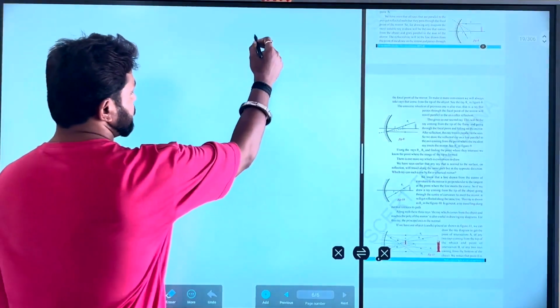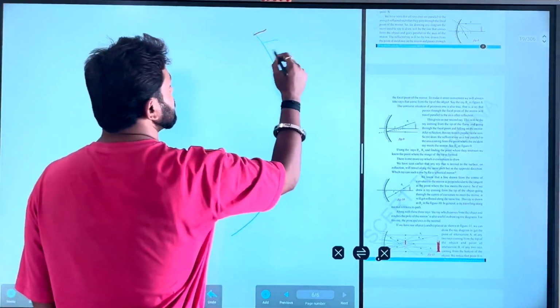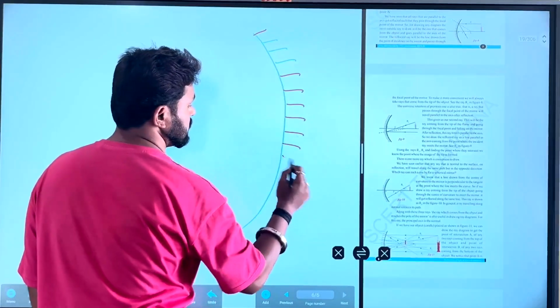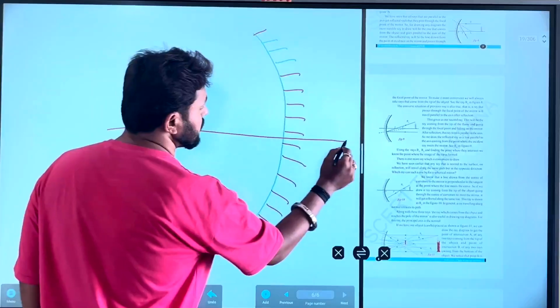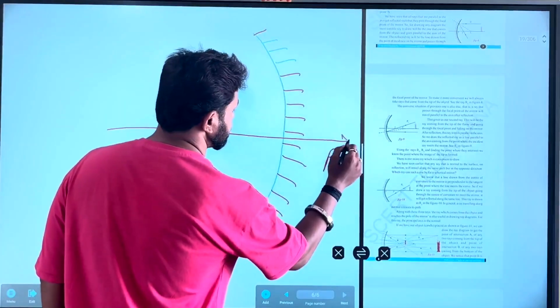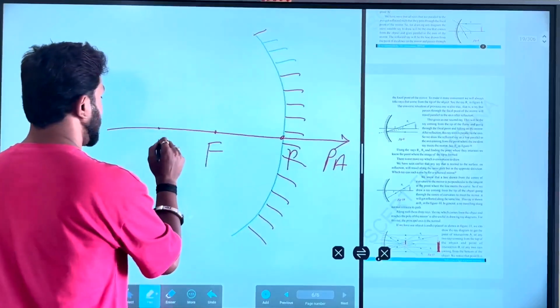This is the second rule that we have. This is a concave mirror. This is PA, the pole, this is the focus, and the center of curvature.